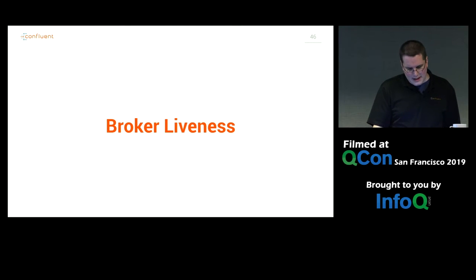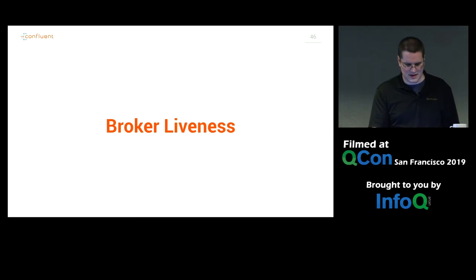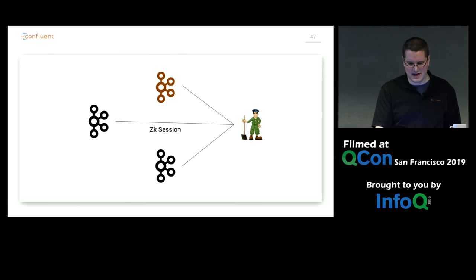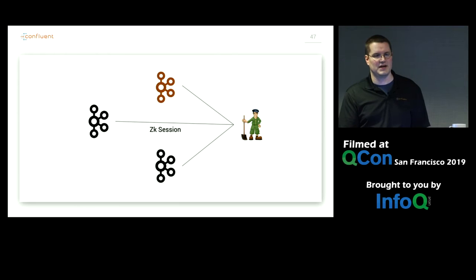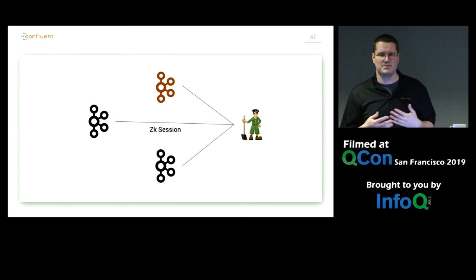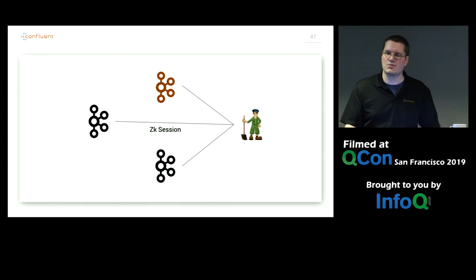So another important concept here is broker liveness. And this is basically who's in the cluster, right? So this is actually a very important concept in any clustered system. You have to know who's alive, who's part of the system, and what responsibilities they have at any given moment. This is one of the things that Zookeeper gives us currently.